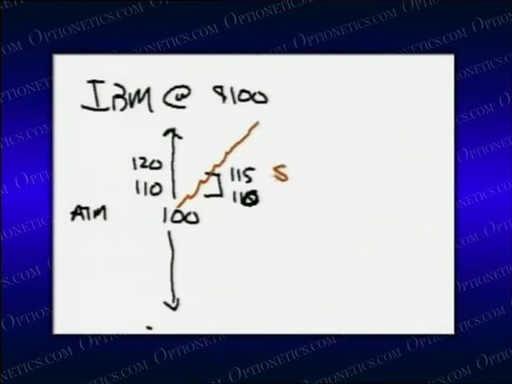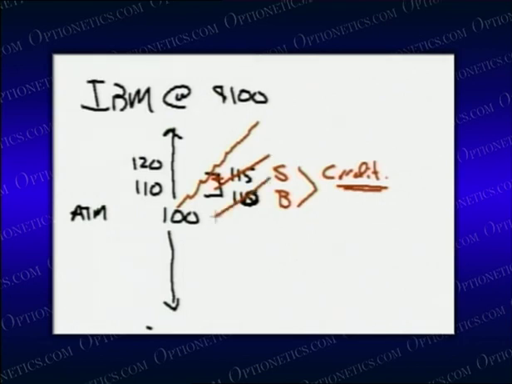Remember, if you sell the 115 put and you buy the 110 put, this will be a credit trade, unless you got a really bad fill. That's a joke. It should be a credit trade because you're selling the higher strike put. What you want to happen is IBM to close above 115. At that point this would expire worthless, and this would expire worthless. That means you get to keep the credit.